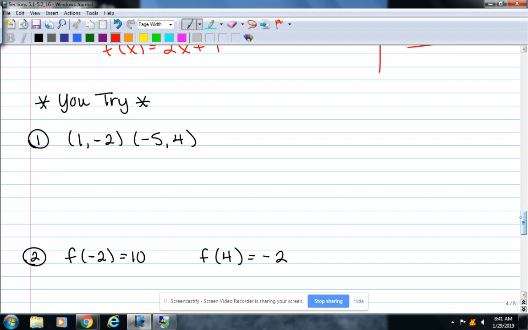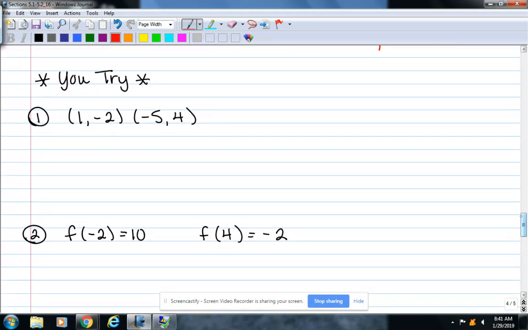I want y'all to try these two. You got to do both, m and b. If you need help, let me know.